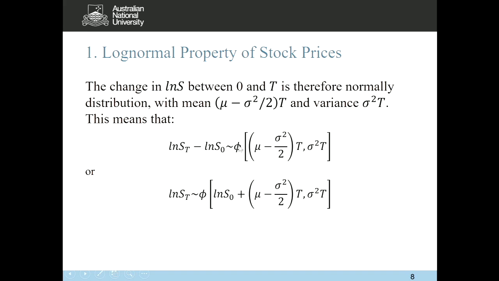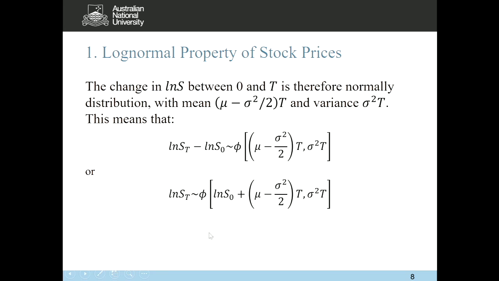And we can rearrange this equation. By rearranging, we can put this minus log S0 inside of the square bracket. Now, if I do that, I can argue that the log of the share price, log of ST, is normally distributed with mean of log S0 plus mu minus sigma squared over 2 times t, and it has a variance term sigma squared times t.